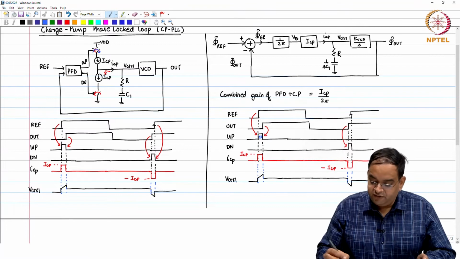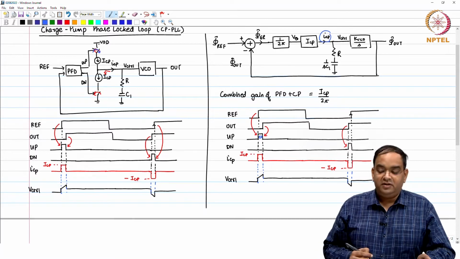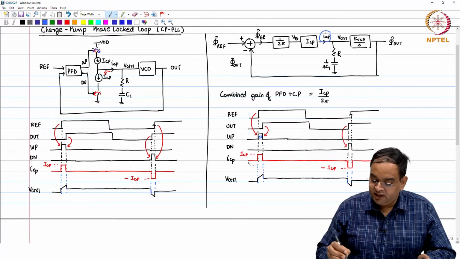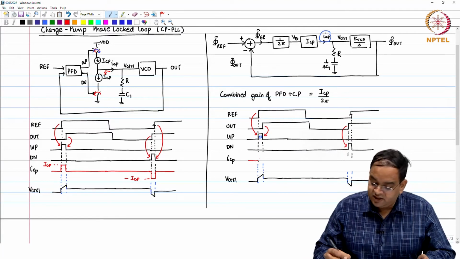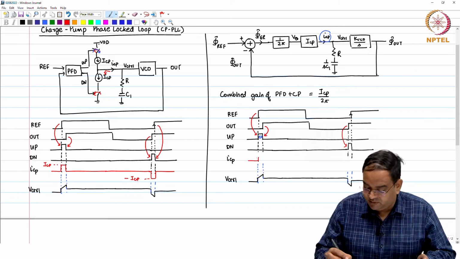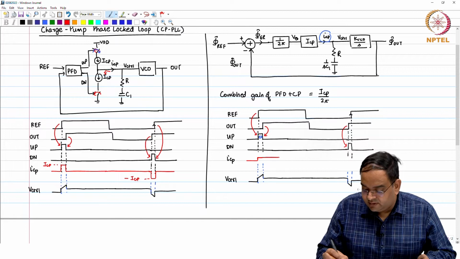The phase error gets multiplied by ICP over 2 pi. So, the average current, ICP average current, if we write it based on the phase error, is an approximation which we are using by the way. So, this current is like this.